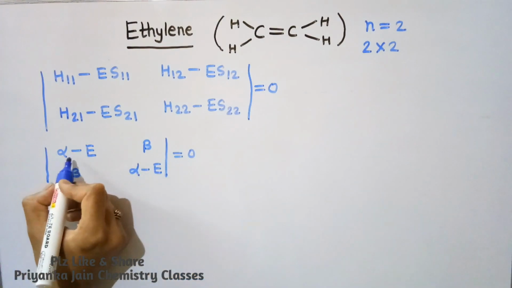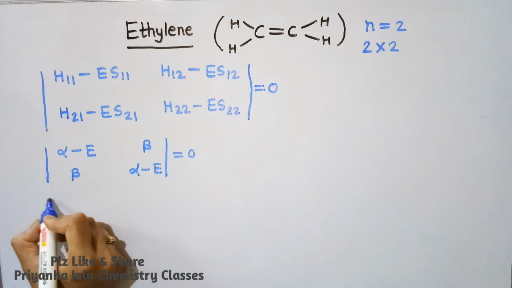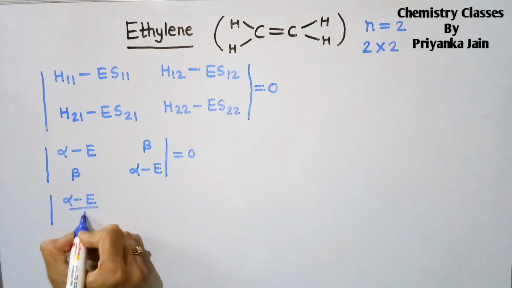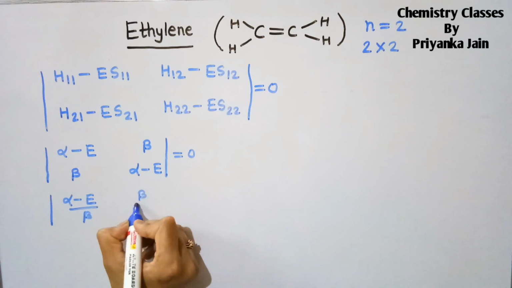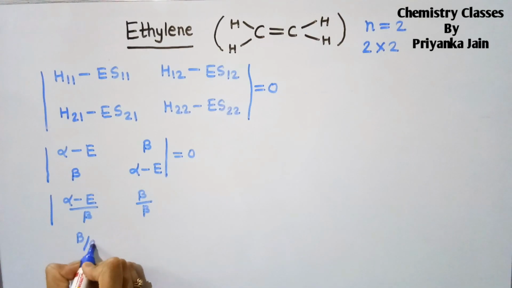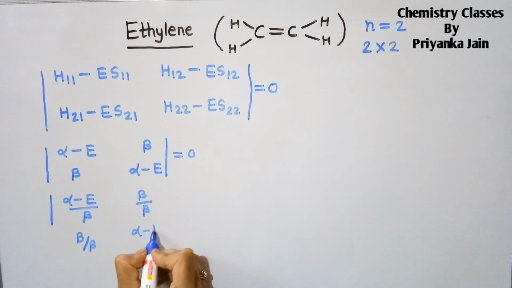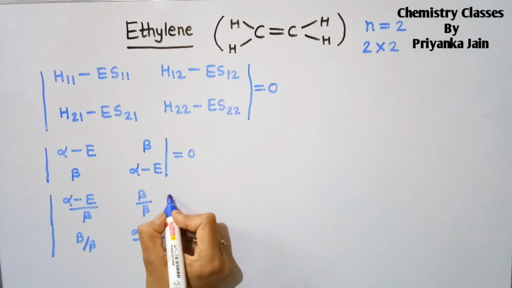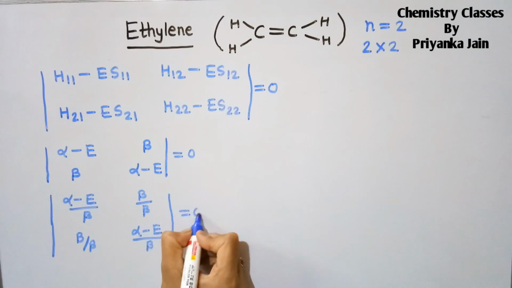Now we can divide the whole terms by beta, so we can write in this manner: alpha minus E upon beta, then beta by beta, and then again beta by beta, and here alpha minus E upon beta. This whole will be equal to 0.